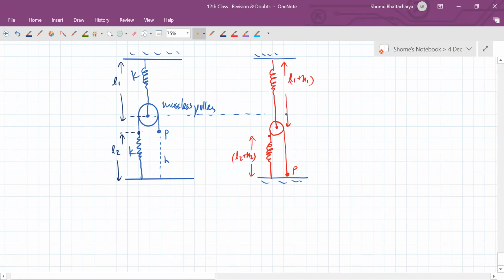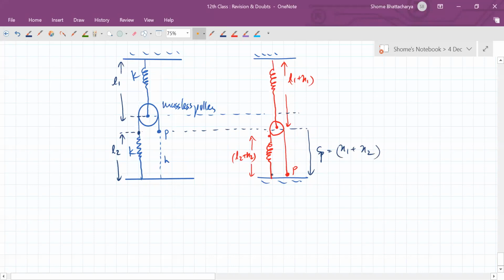Then first of all, the displacement of the point P will in fact be X1 plus X2.